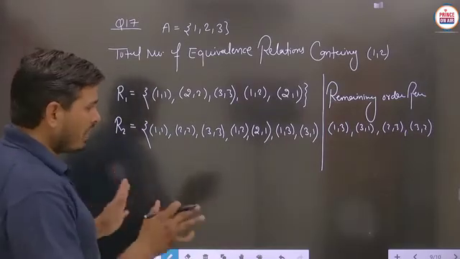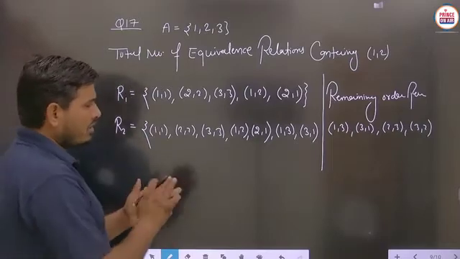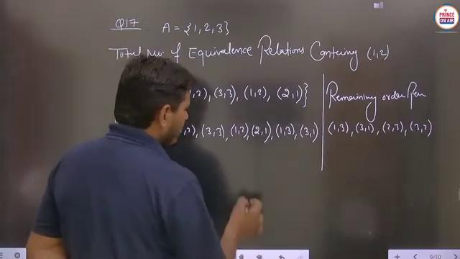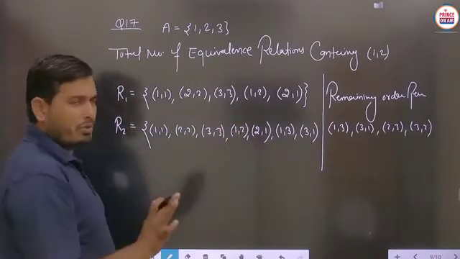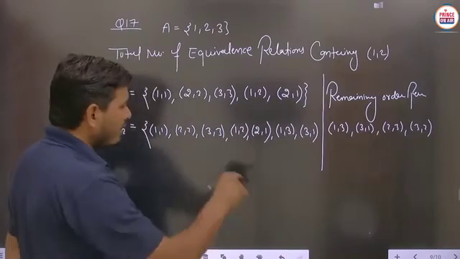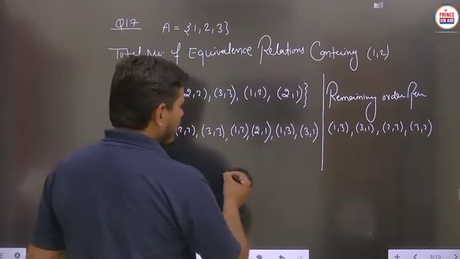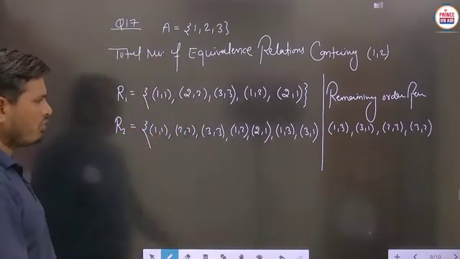Now students, we can check whether it is equivalence or not. Definitely 1 2 is there, no problem, 2 1 is there, then 1 1 is to be there, so there should be no problem in the transitive case. But you can take the next part. Suppose we are taking 1 3 and 3 1, then definitely 1 1 is also there.